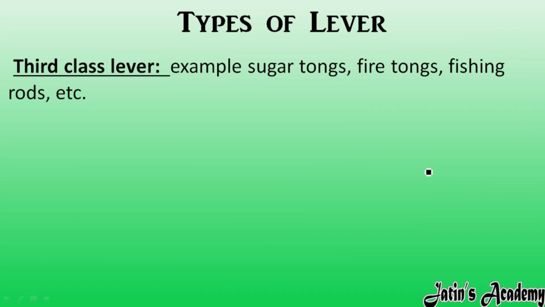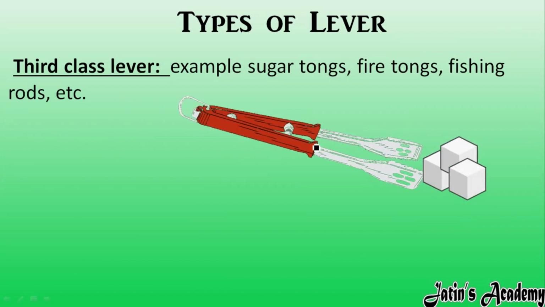First we are having sugar tongs. In the case of sugar tongs, this is a third class lever. Firstly I am going to draw the diagram for a third class lever. In a third class lever, F-L-E, FLE means effort is in center, fulcrum is always on the left side and load is here. Fine. So see carefully, here we have a fulcrum, means about this fixed point the sugar tong is going to move.